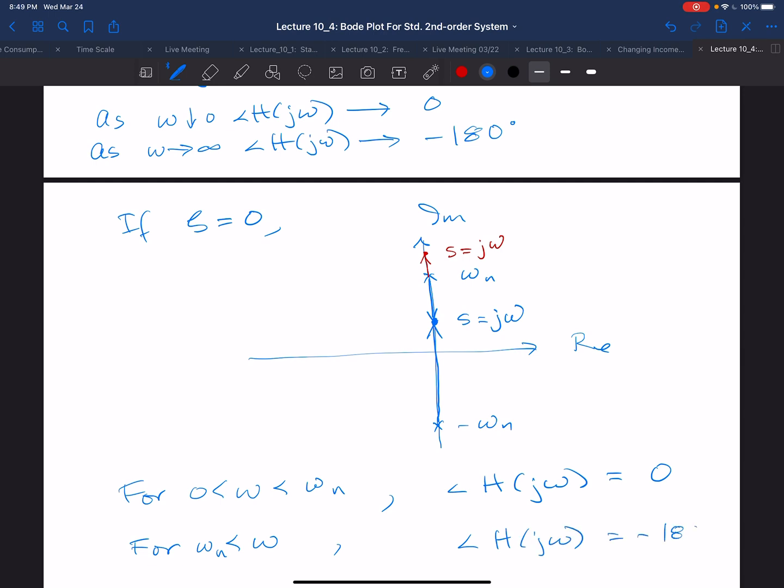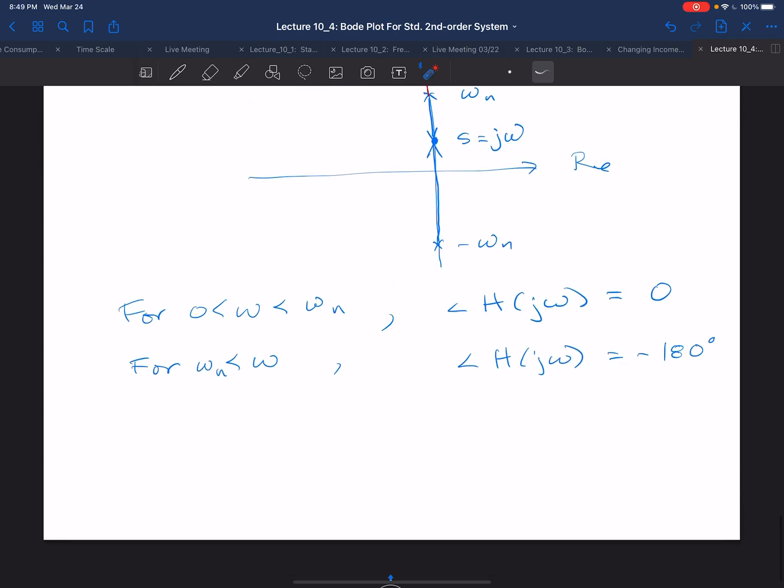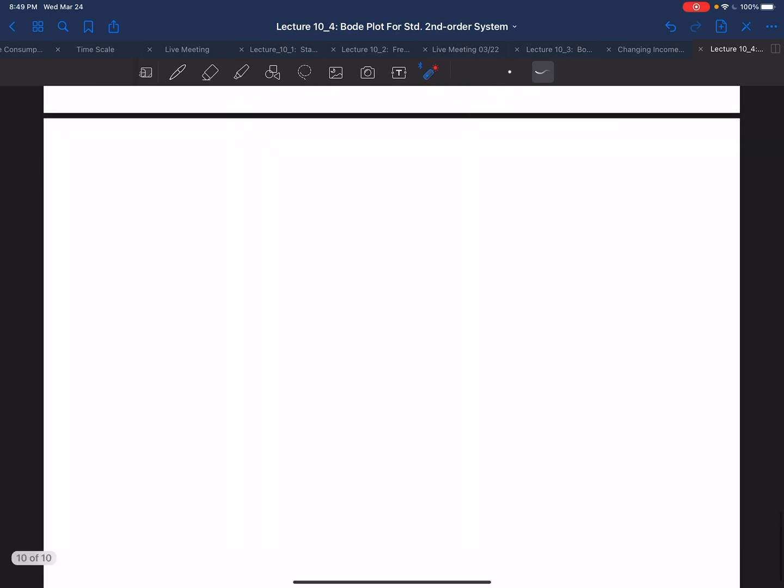So as we said before, the low frequency asymptote will be 0. The high frequency asymptote will be minus 180 degrees. But in this case where zeta is 0, the transition between those two values occurs instantaneously as omega crosses the value omega n, from below omega n to above omega n.